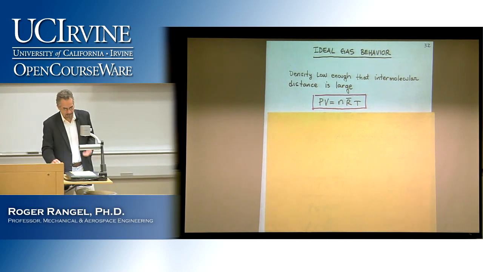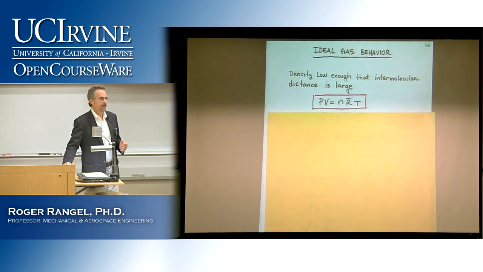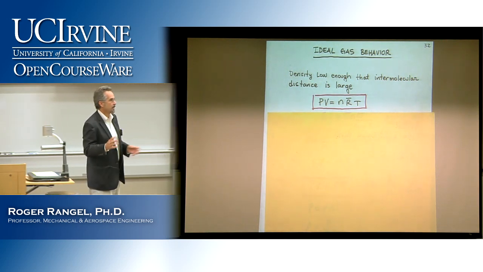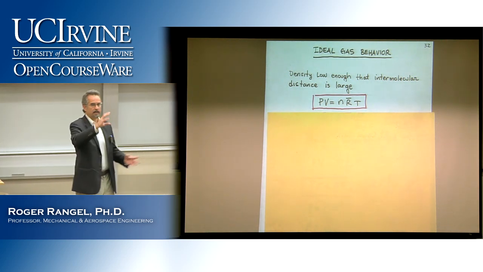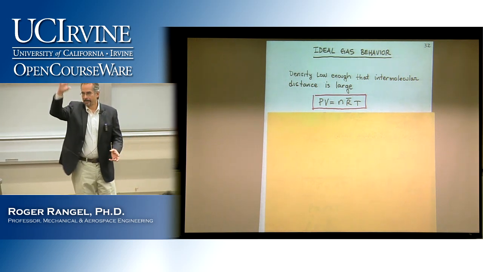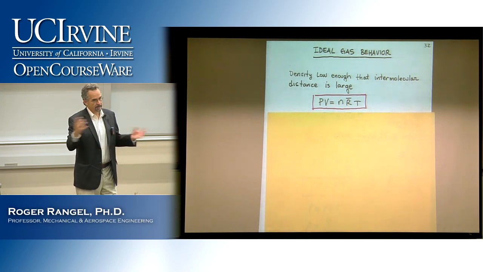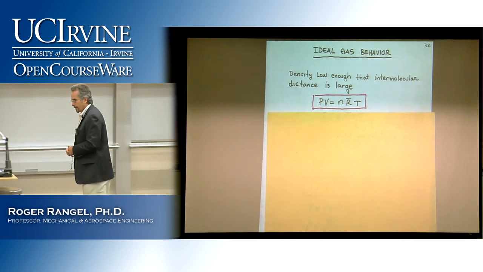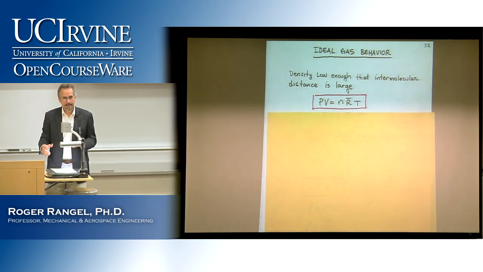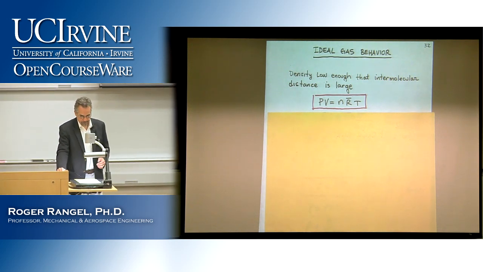So the density has to be very low. Essentially it's like the molecules are independent of each other. Of course, they collide with other molecules and so on, but they're sufficiently far apart. So it requires that the gas have a very low density.